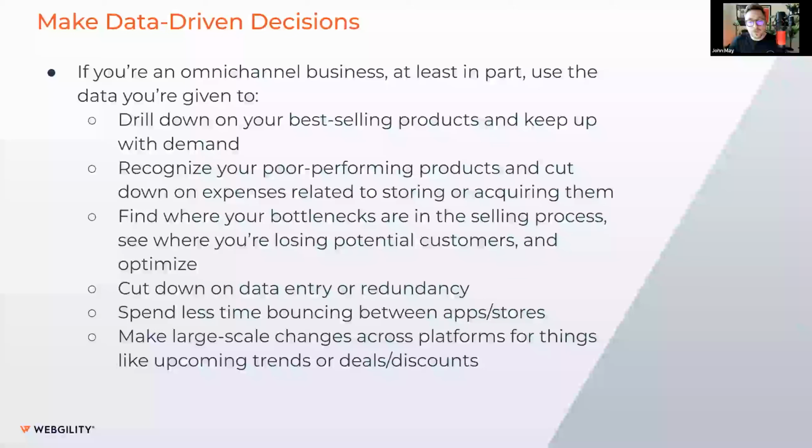And then you can see what you made on the product after any taxes or fees that the marketplace charged, which gives you a full picture of what it costs to actually sell that product and what profit you made off of it. So drilling down on what is selling for you, you can then turn around and make sure that you're acquiring more of that product and keeping more of that in stock so that you can sell more of it.